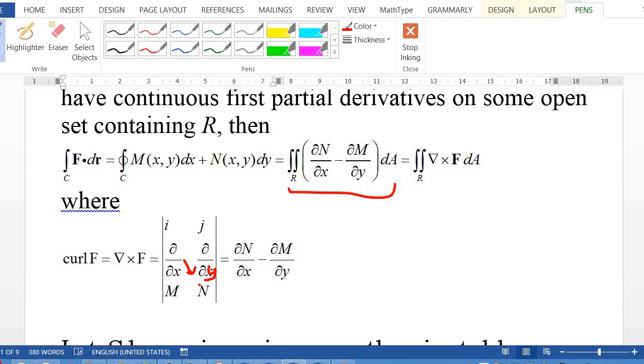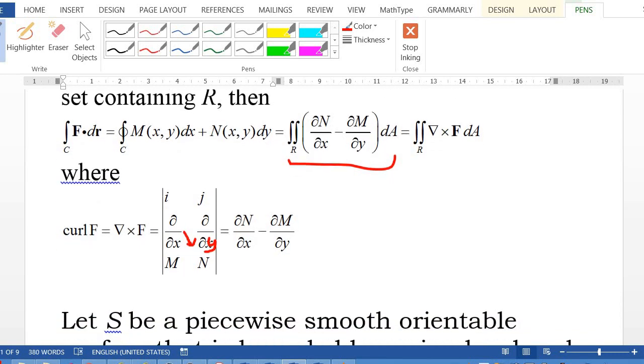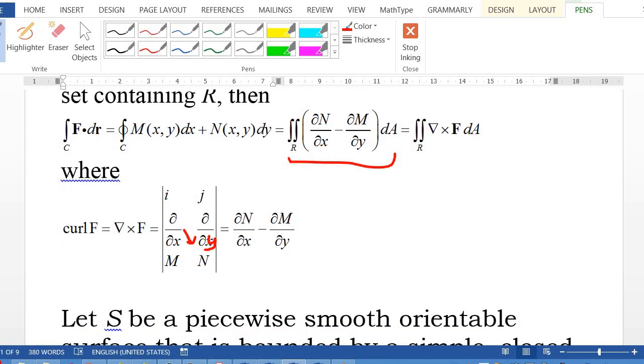Hence you get ∂N/∂x minus ∂M/∂y. So Green's theorem is equivalent to the double integral of curl F dA.